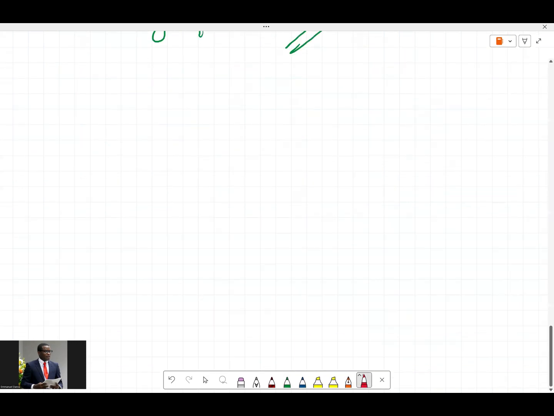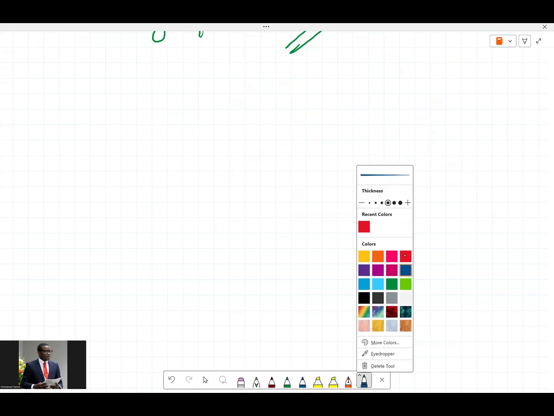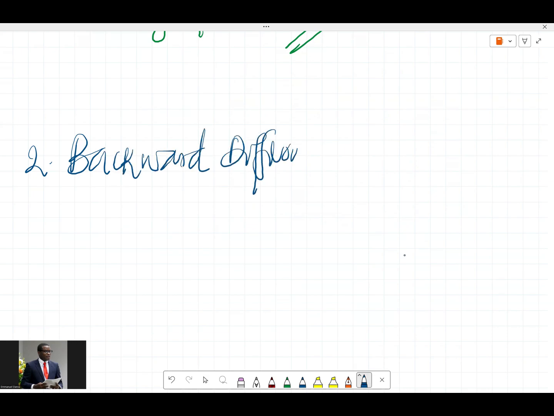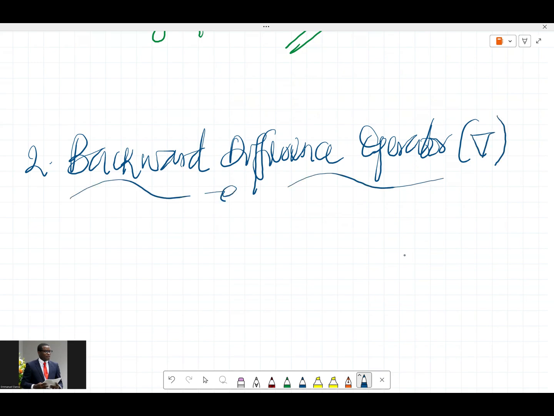Now, let's go on to the backward difference operator, with the symbol nabla.